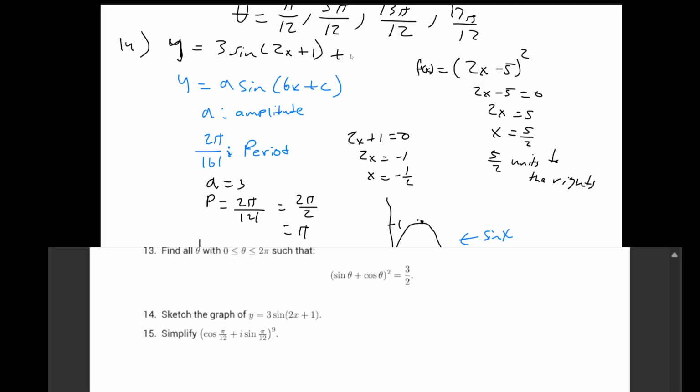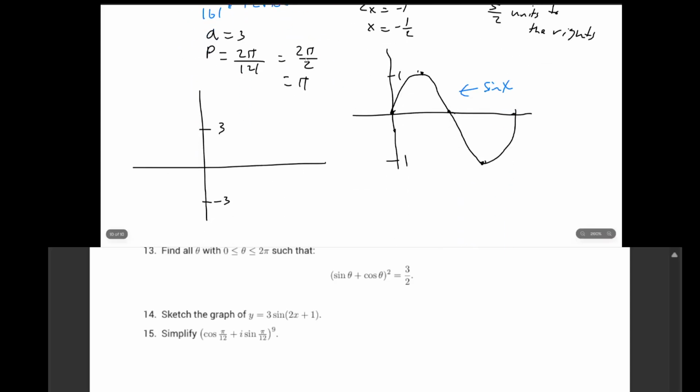If we had a plus c and the c was like 5 or something, the midline would definitely not be the x-axis. We would translate the points up 5: negative 3 plus 5 is 2, and positive 3 plus 5 is 8.